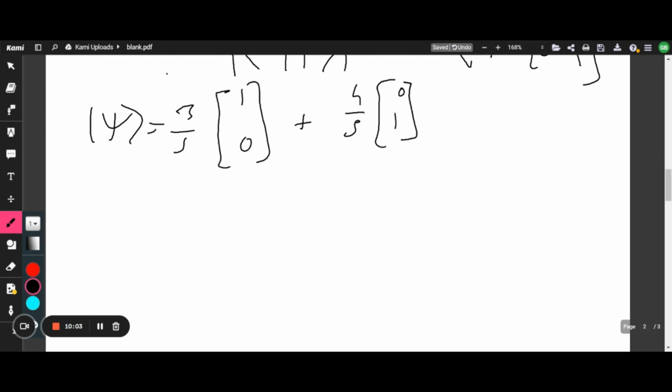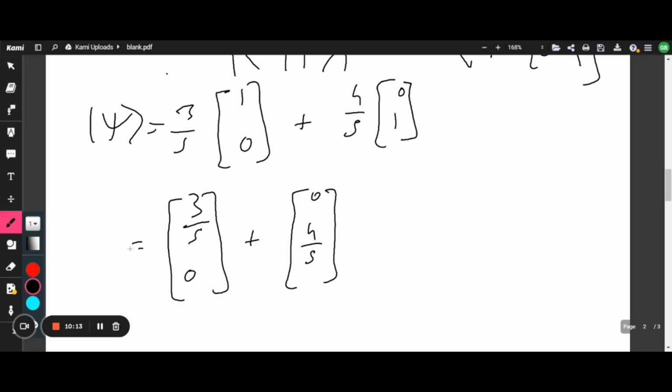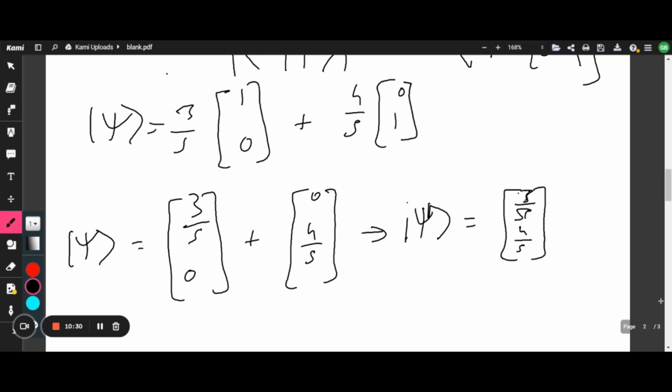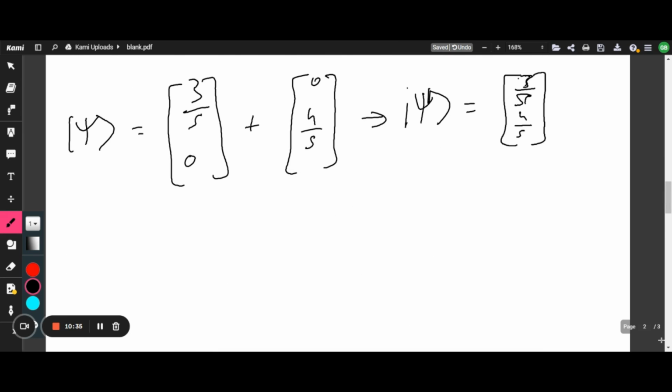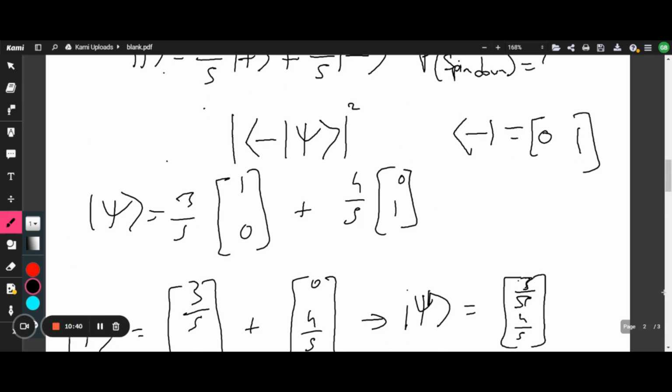Multiplying out, we get (3/5, 0) plus (0, 4/5), which then just equals psi as (3/5, 4/5). So now we have the matrix for psi and the matrix for spin down.